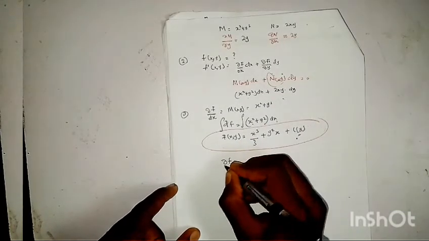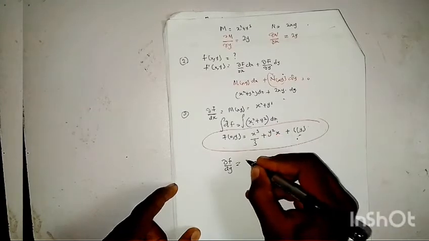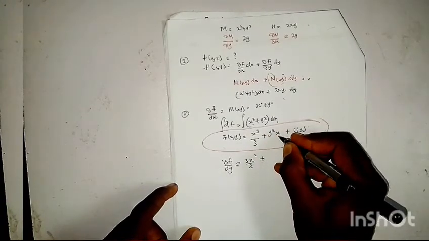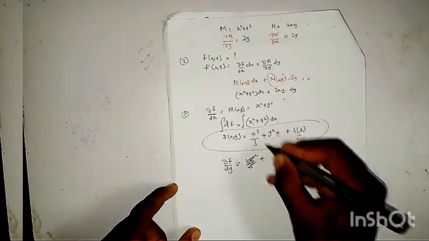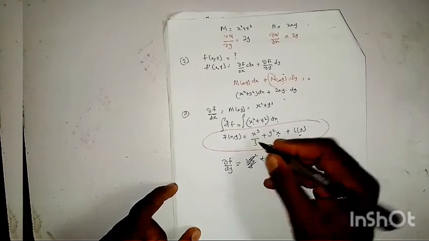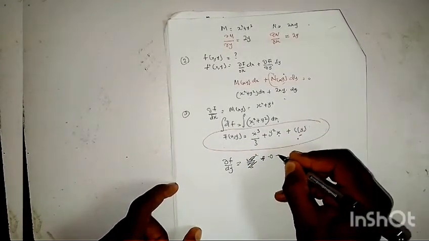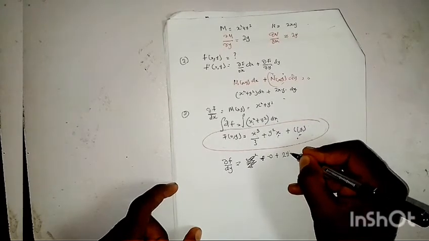The f dy, differentiating this, we have what? 3x squared over 3, right? Differentiating this with respect to y, this is 0, right? Which is a constant. Differentiating this with respect to y, x is a constant, right? And this is 0 plus differentiating this with respect to y, this is 2yx, right?